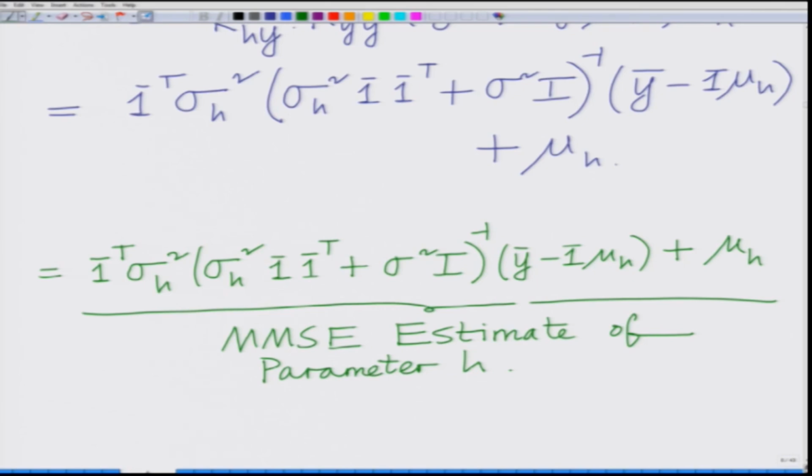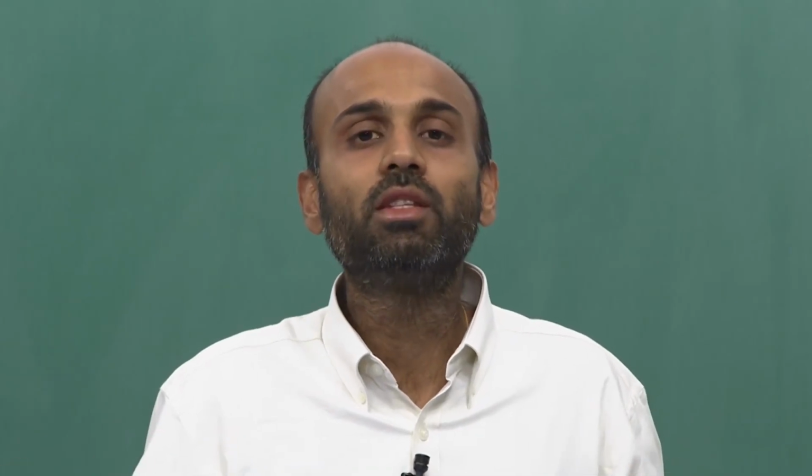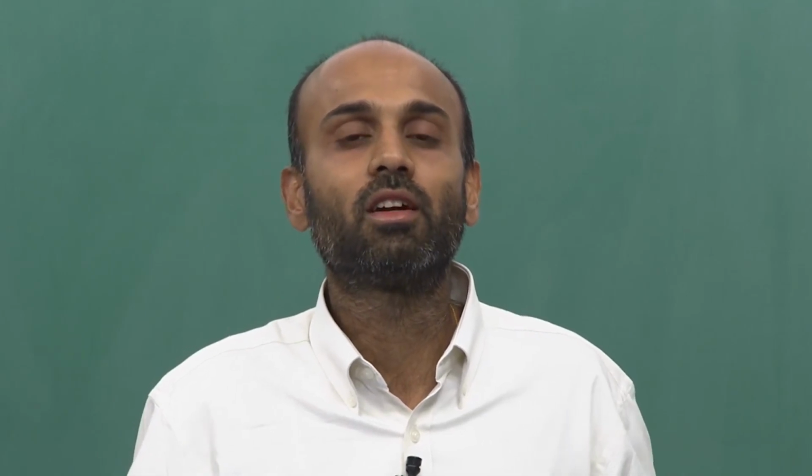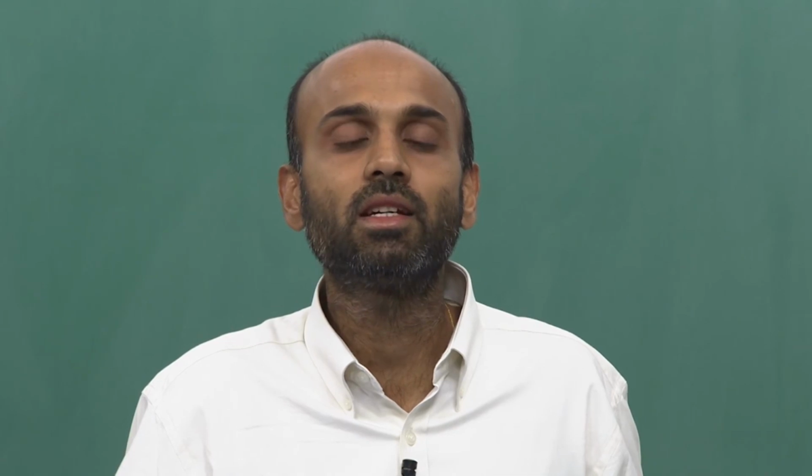So, what we have done in this module is something interesting. We have looked at how to use the principle of MMSE estimation in the context of a wireless sensor network. We considered a wireless sensor network with n sensors making n measurements y1, y2 up to yn. The parameter h, let us say either temperature or pressure, is assumed to be Gaussian in the presence of Gaussian noise.